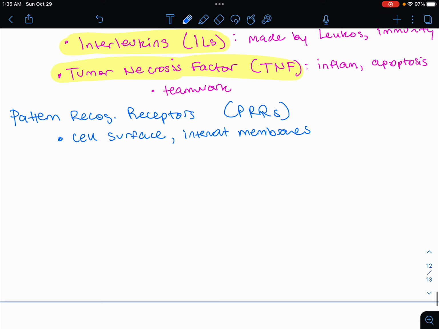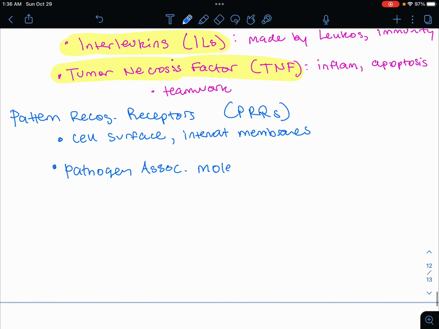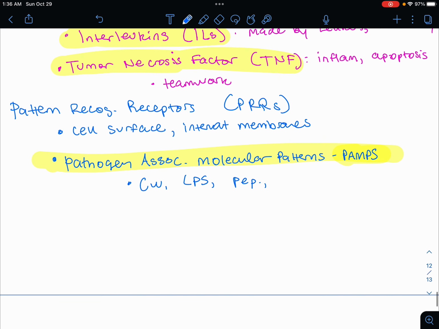They're going to be looking for three main substances. We're going to be looking for pathogen associated molecular patterns, or PAMPs. Actually, let's just highlight the whole thing, why don't we? This is going to be cell wall components, lipopolysaccharides, peptidoglycan, and lipoproteins too.